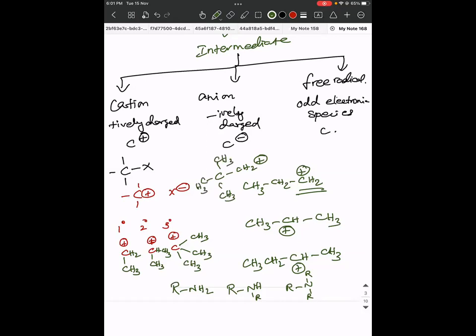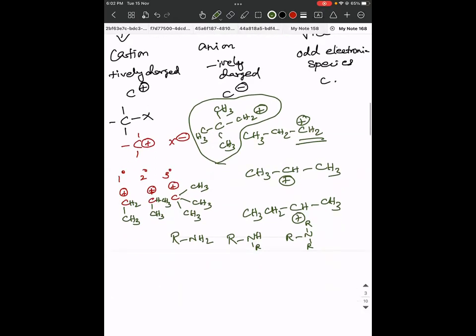What is the carbocation for this, whatever I have circled? And what is that? It's a primary carbocation. Now you can identify primary, secondary, and tertiary carbocation.